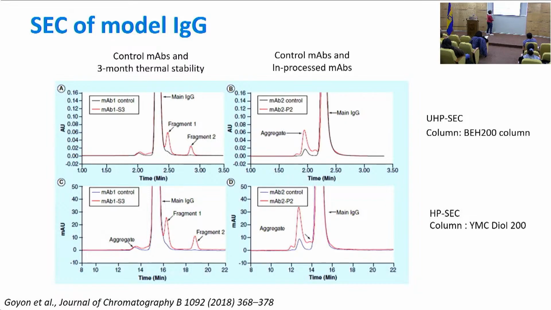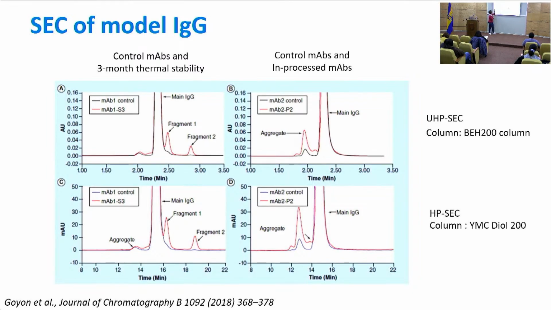You can see here MABs have been maintained 3 months at the same temperature. So there is a control MAB here in this chromatogram in black, and here is the main peak. It's the main IgG, and it's normal, and everybody's okay.